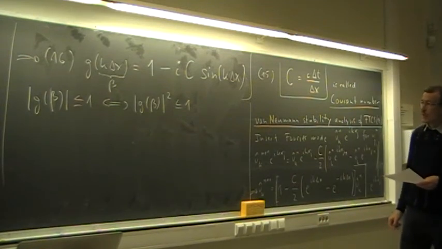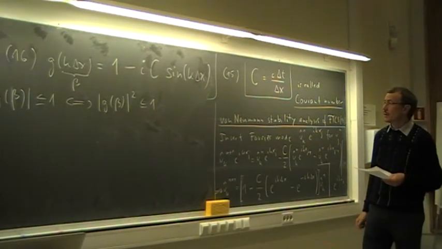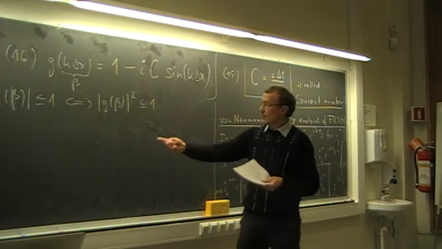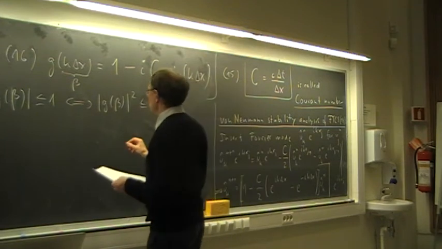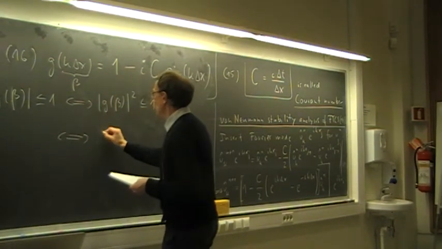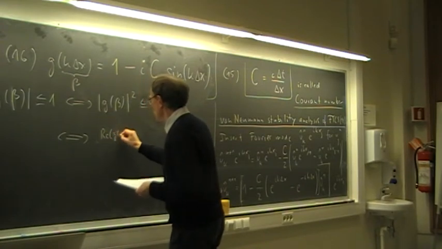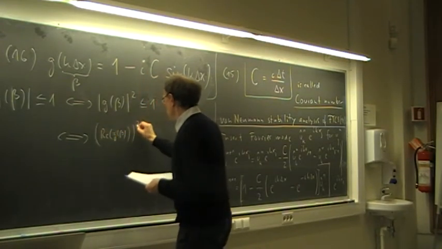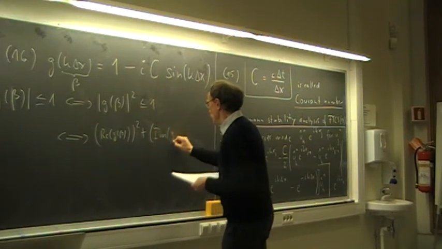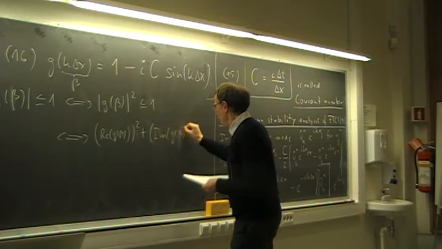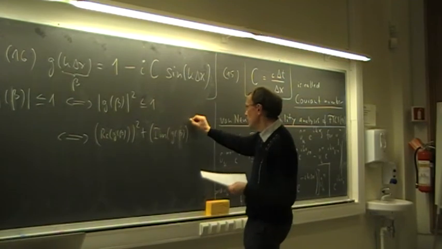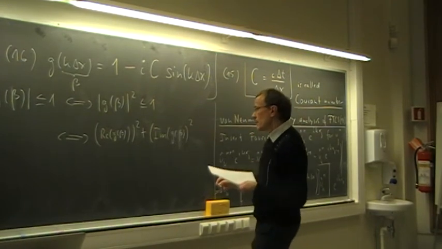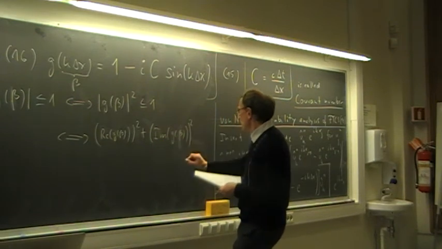Because then we can easily compute this modulus of the amplification factor squared, because that is simply the real part squared plus the imaginary part squared. So that is equivalent to the real part of g of beta squared plus the imaginary part of g of beta squared.